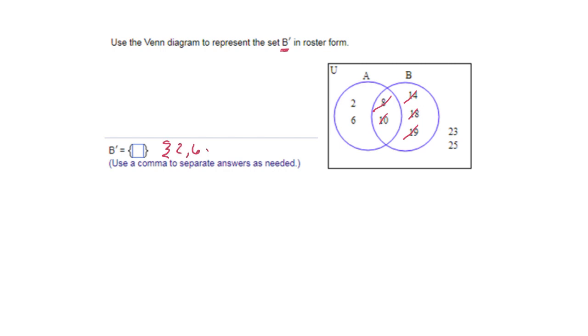So 2, 6, 23, and 25 would be included in the complement of B. Make sure you read the instructions carefully when it says use a comma to separate answers as needed.